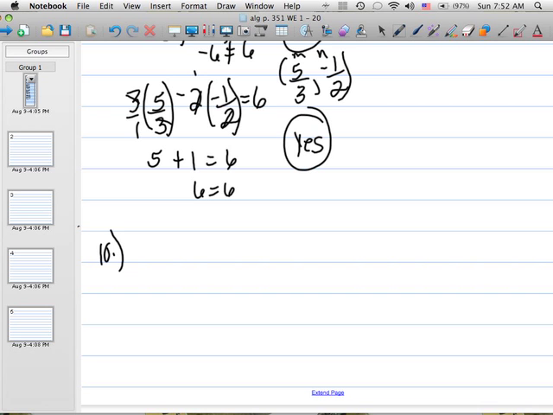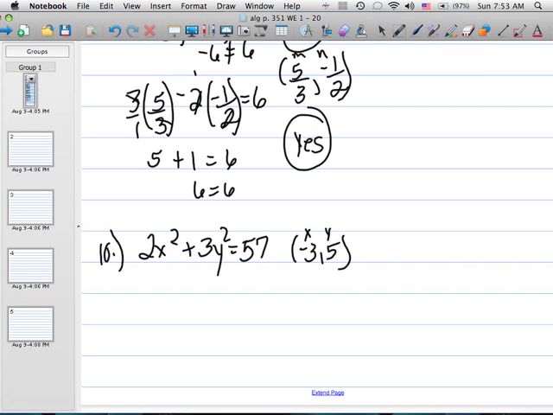Problem 10. We have 2x squared plus 3y squared equals 57. And the first ordered pair for x and y is (-3, 5). So this goes in for x, this for y. So we have 2 times negative 3 squared plus 3 times 5 squared.